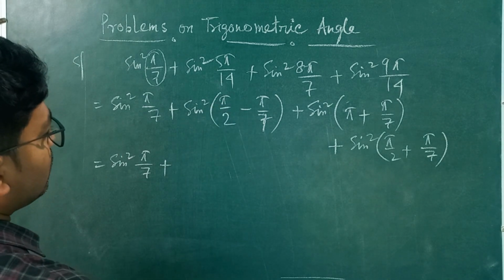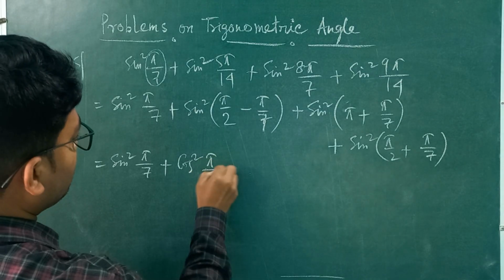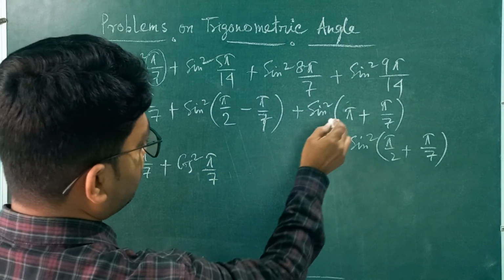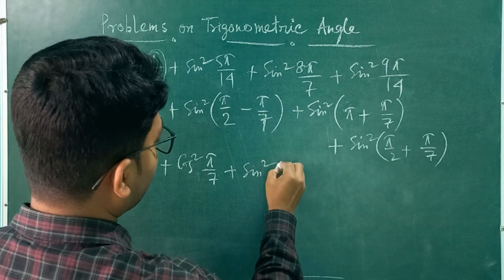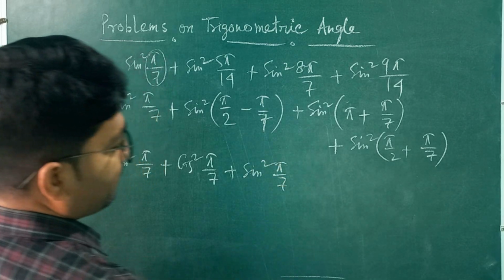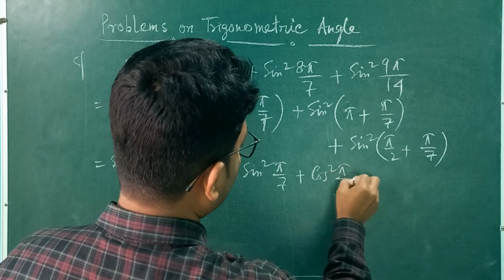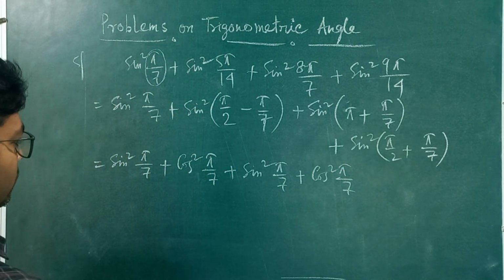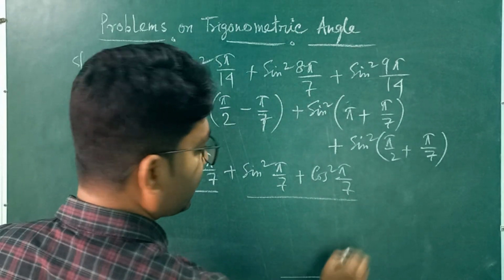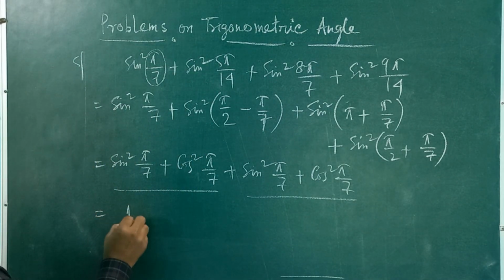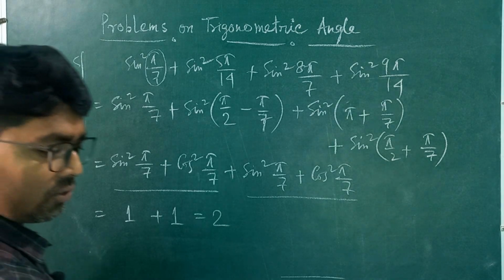This one is odd multiple, so this one is cos square pi by 7, this one is even multiple, so sine square pi by 7, this one is odd multiple, so cos square pi by 7. So see similar results: sin square theta, cos square theta and sin square theta, cos square theta, that is 1 plus 1, result is 2.